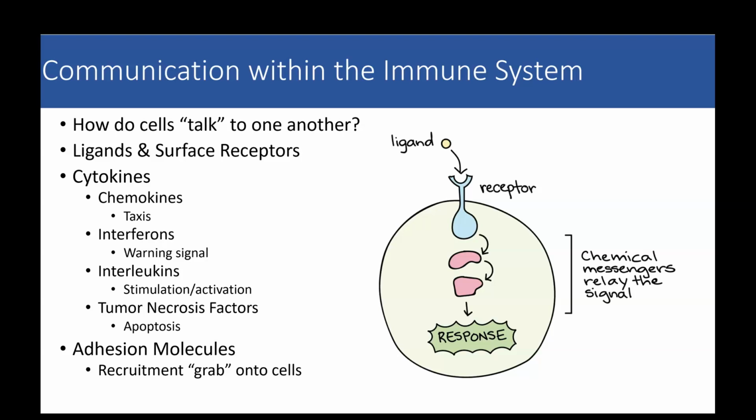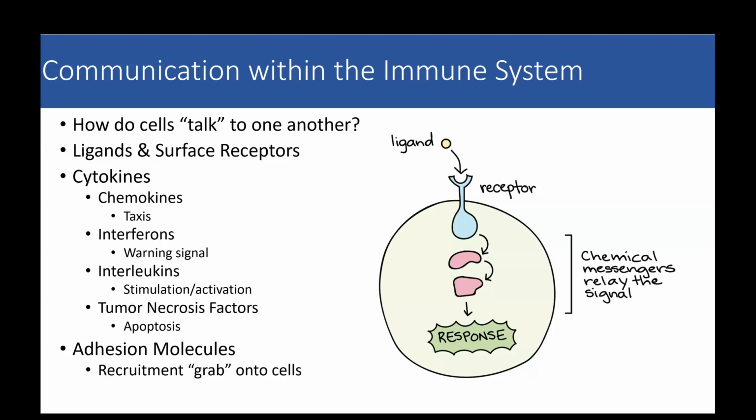In other words, it functions in taxis. Taxis means moving. So if we want to recruit macrophages, neutrophils and dendritic cells to the site of infection, the cells that are already there are going to secrete chemokines that tell other cells to come closer. Come over here because here's where the danger is.